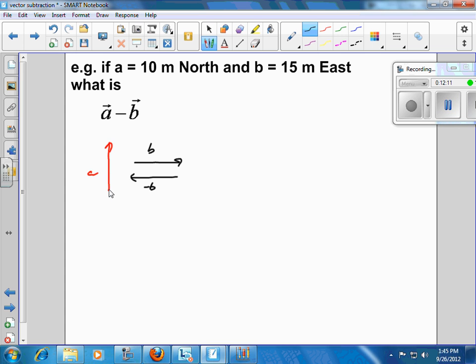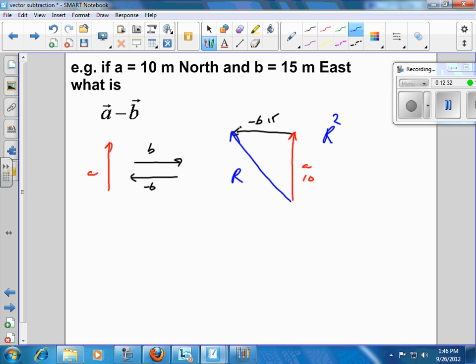And now I'm simply going to add: I'm going to go A, and then I'm going to go minus B. And this is 10, and this is 15. And so my resultant is there to there.